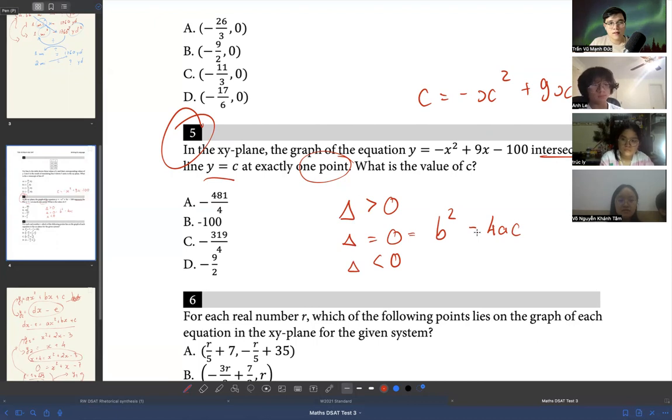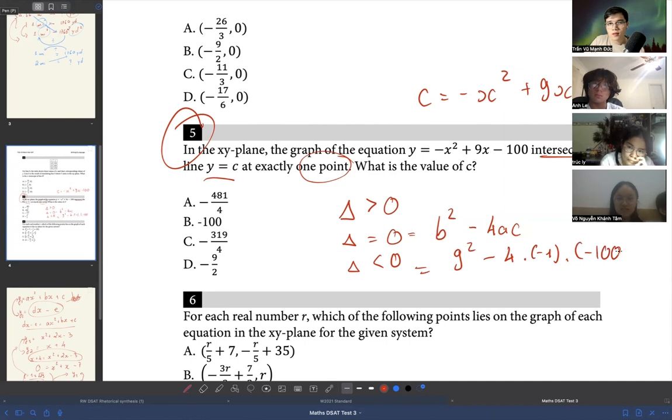Oh, yeah. All right, so everyone is on the same page now. So this will be the delta. So we have 1 point meaning delta equals 0. And what is b, Dong? 9. 9 squared minus 1 times minus 1 times minus 100.